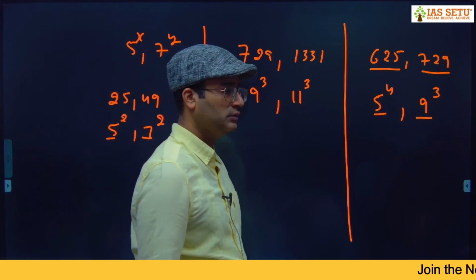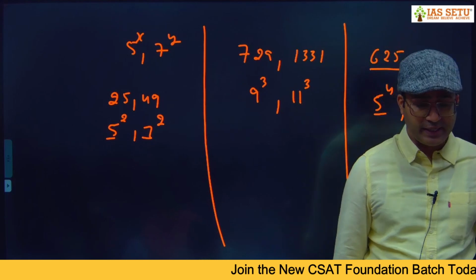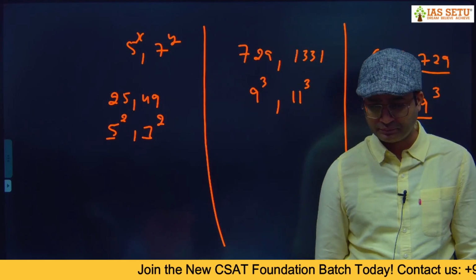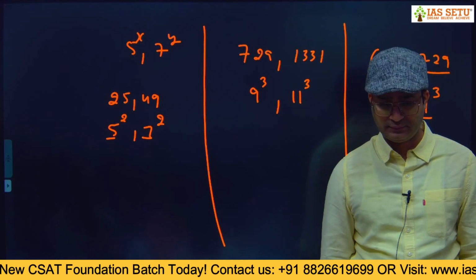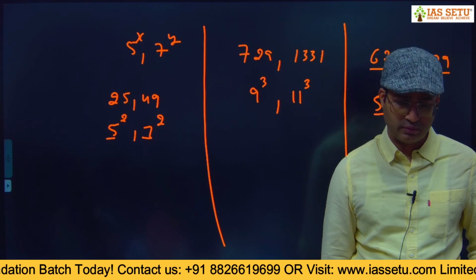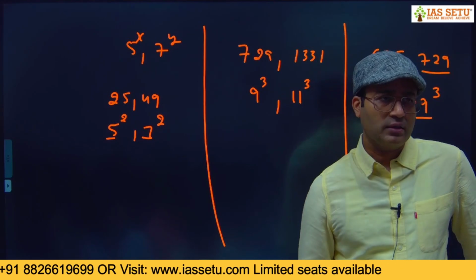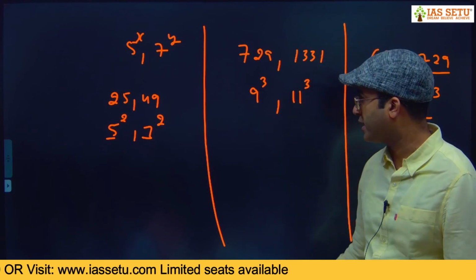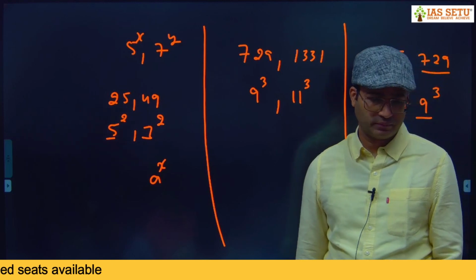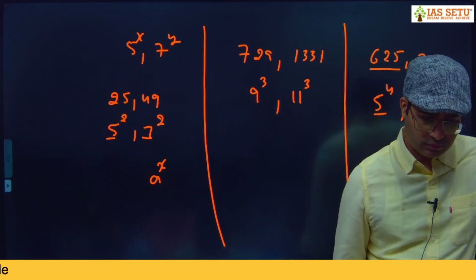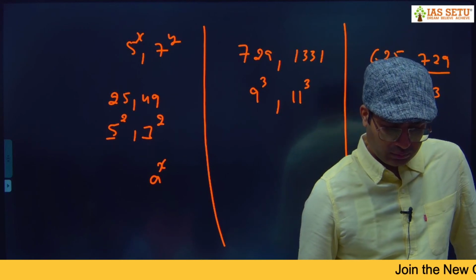If A and B are co-prime to each other, then A to the power x will always be co-prime to B to the power y.